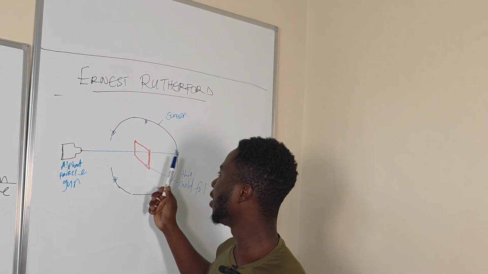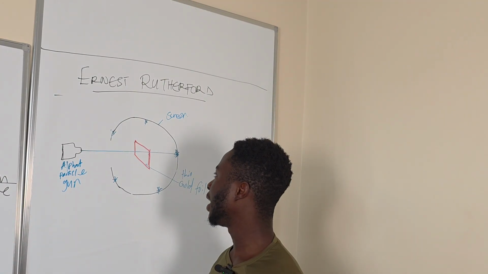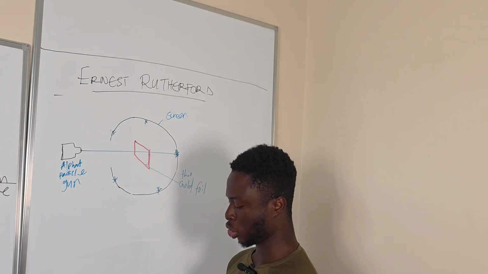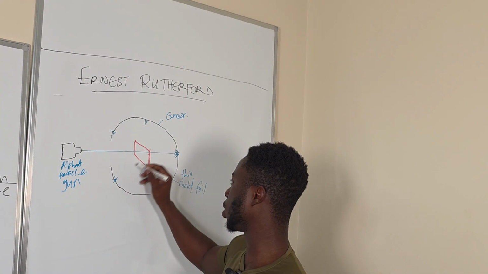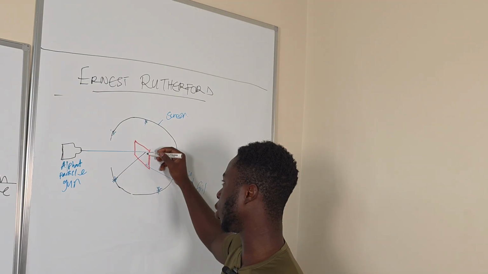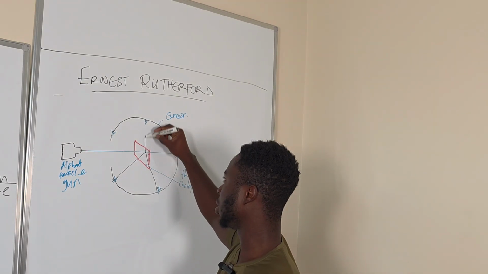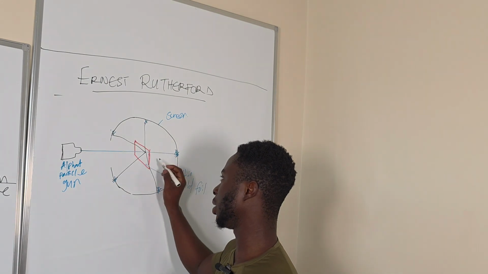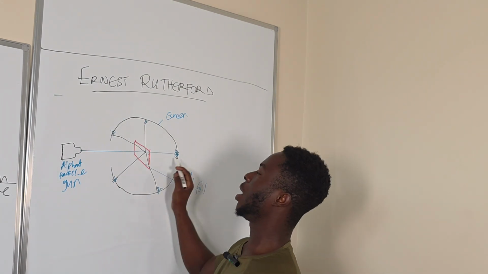So after he discovered that, he asked, why in God's scientific universe, when I shoot it, does it end up over here, or comes over here, or goes over here, right? He kept on shooting it, and it landed anywhere apart from the expected zone.